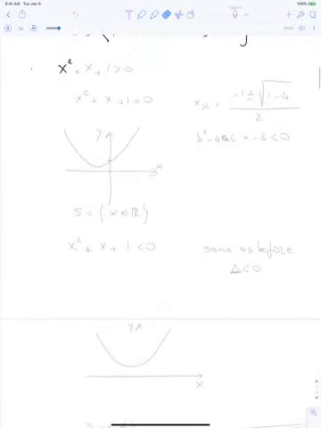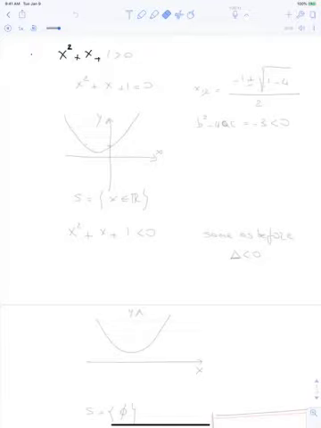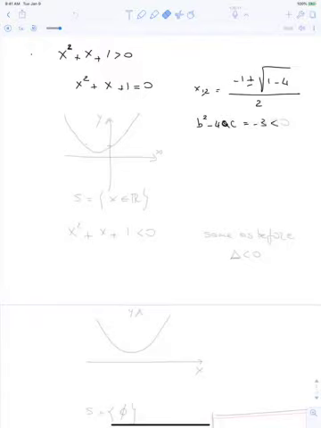x squared plus x plus 1 greater than 0. Now we study the associated equation, x squared plus x plus 1 equals 0. We can compute a solution, x1,2 is equal to minus 1 plus or minus the square root of 1 minus 4, divided by 2. Now the delta in this case, so the part b squared minus 4ac, is equal to minus 3, so it's negative.